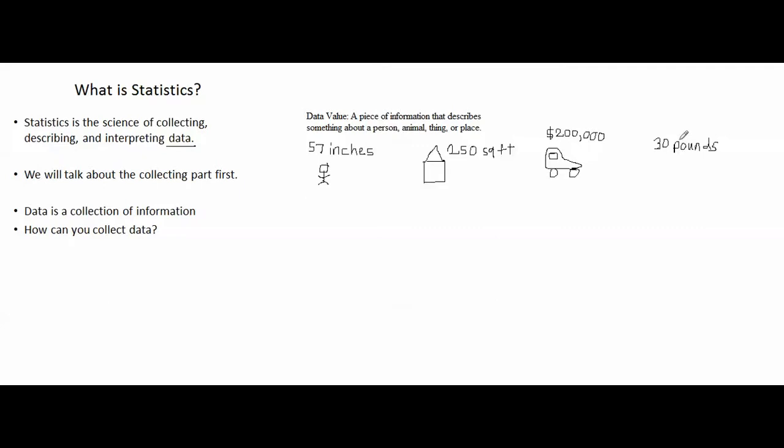Well then, 30 pounds is a data value that describes something about the dog. I'm probably going to embarrass myself trying to draw a picture of a dog. Maybe I'll just write the word dog right here, and we'll imagine that this is a dog right here.